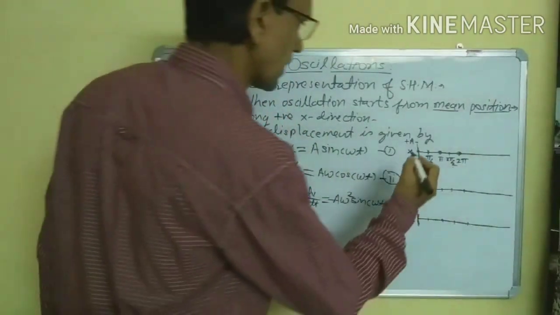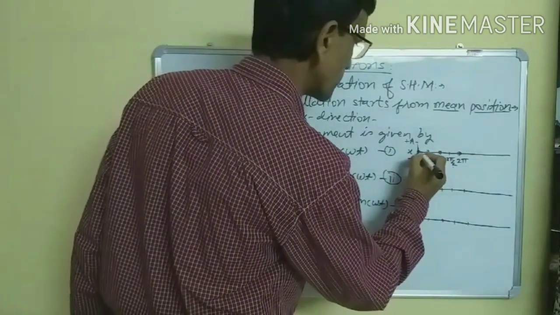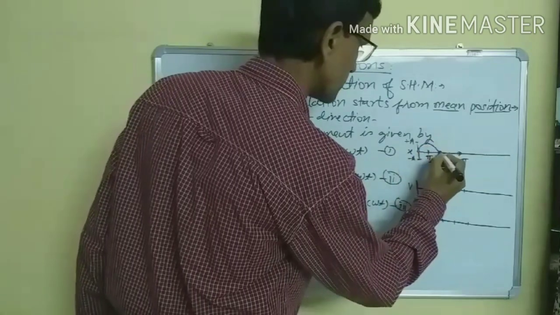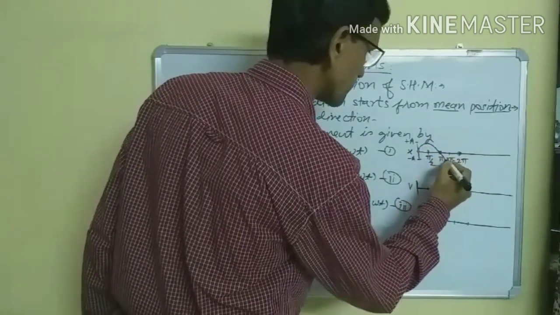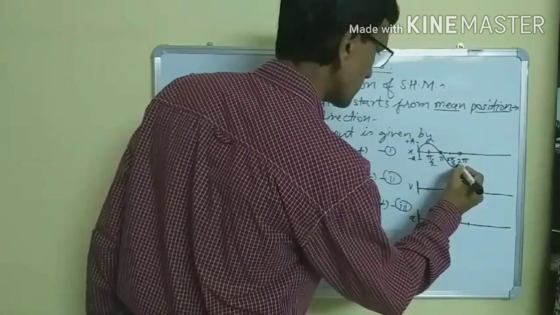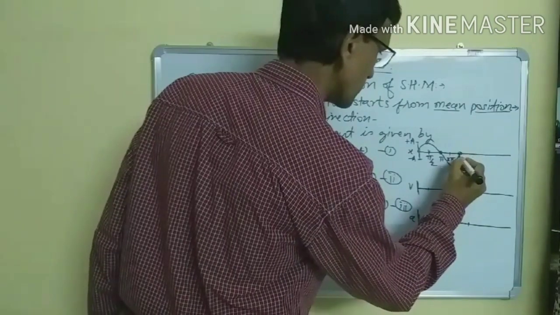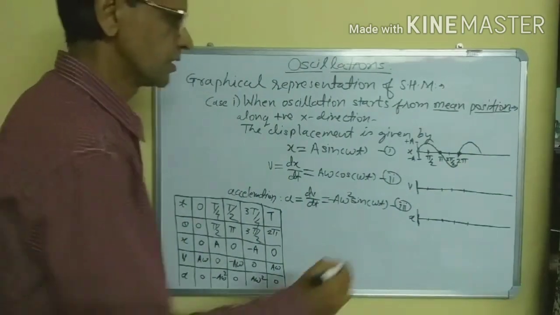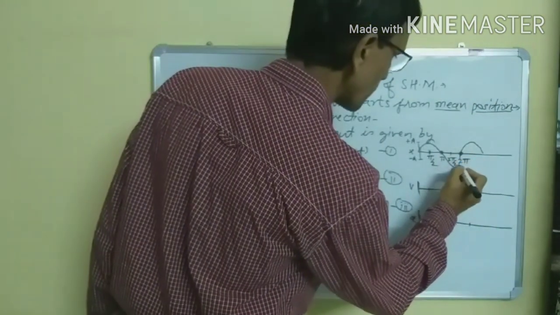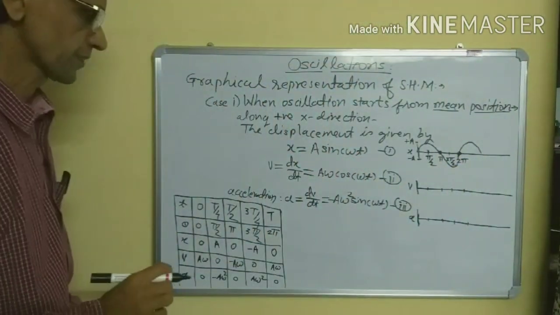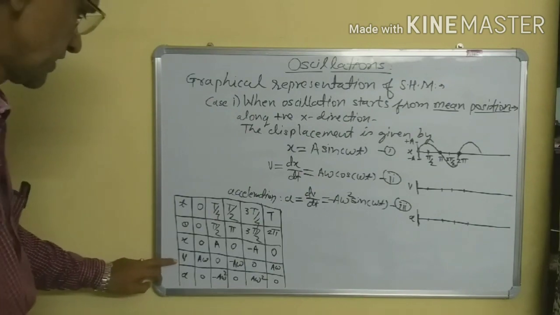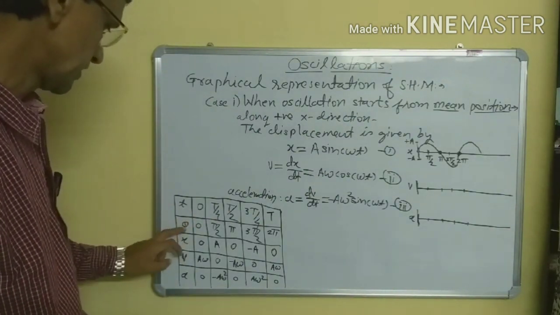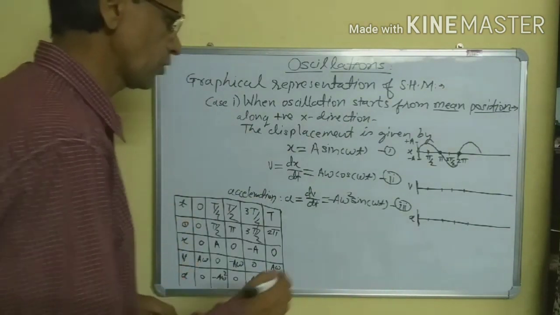So we continue the graph, and the graph nature will be like this. It will go further, like here we have 2 pi, therefore we have not completed that part of the graph.